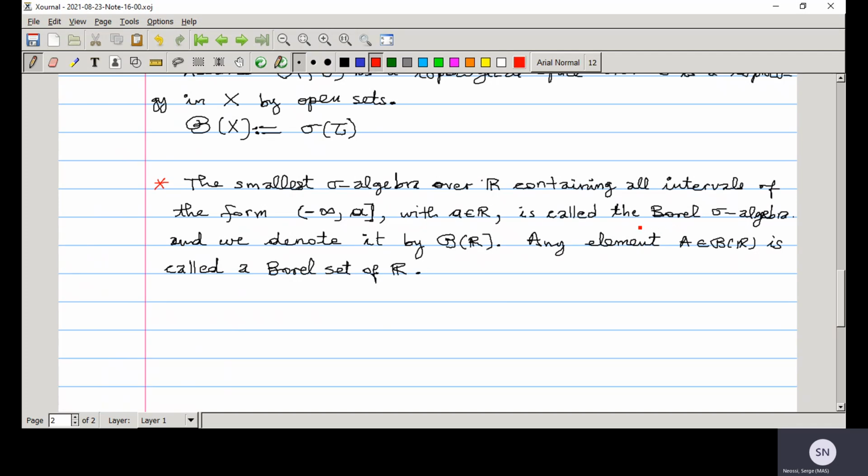We have here the definition of the Borel sigma algebra, and we have the definition of a Borel set of R.